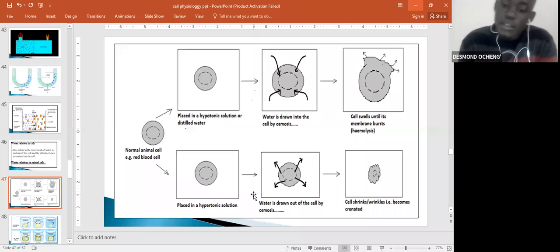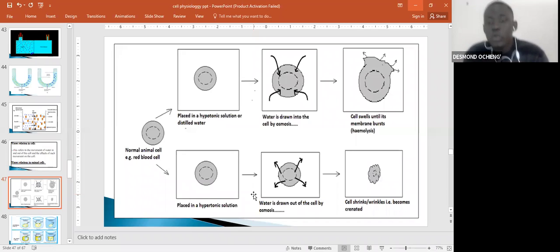To shrink simply means to reduce in size. Instead of swelling, it reduces in size because it is losing water. As the cell shrinks or wrinkles, we say that it becomes crenated, and the process is called crenation. Crenation is the opposite of hemolysis. Are we together? Crenation is the opposite of hemolysis.